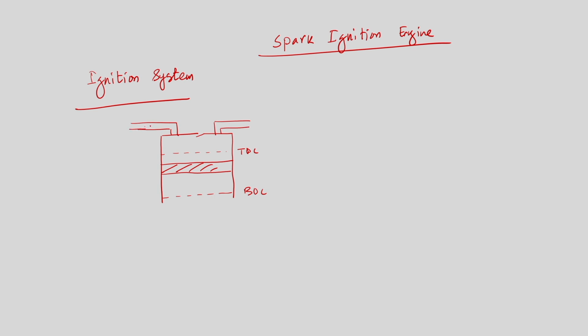Now, air plus fuel, if it is carbureted, will come into the engine cylinder during the intake stroke, and then this is the spark plug.